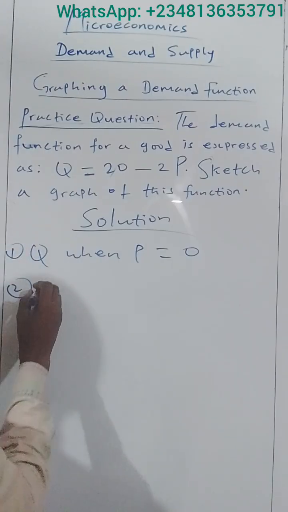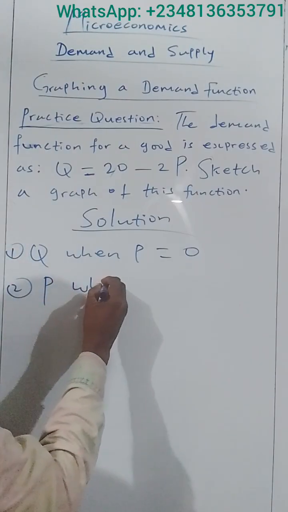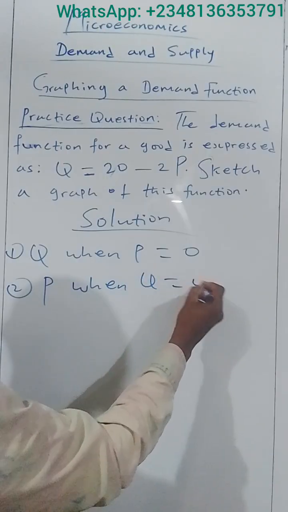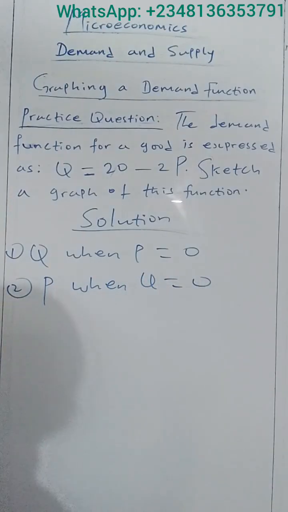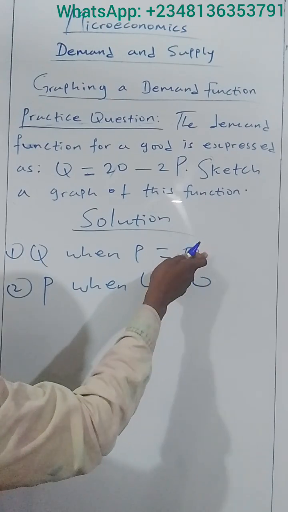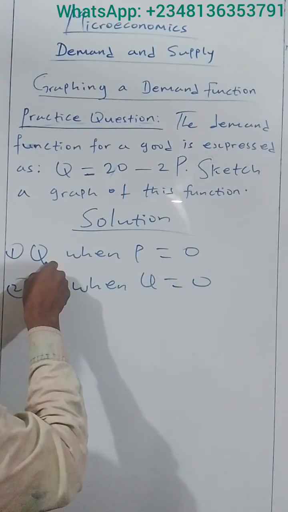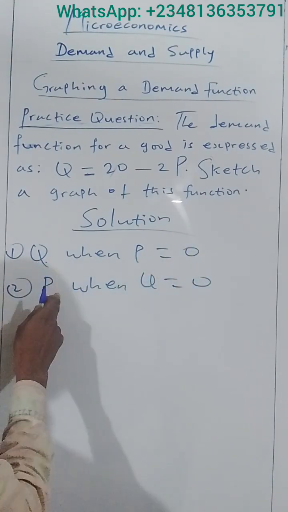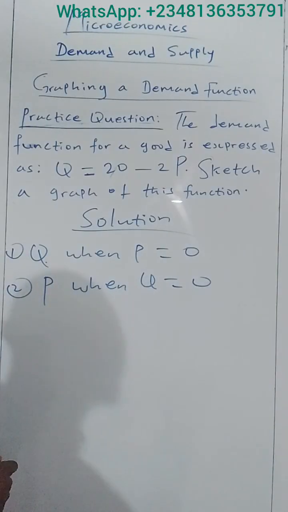Then the other thing is the value of P when Q is equal to 0. This value represents the horizontal intercept, while this value represents the vertical intercept. Anyway, so let's compute this.